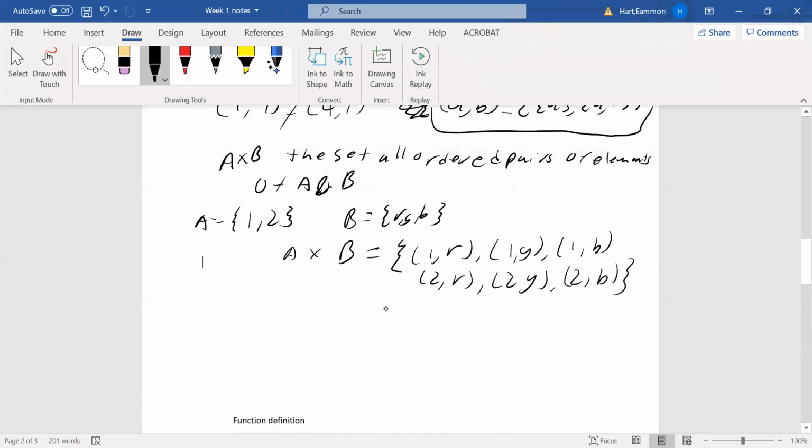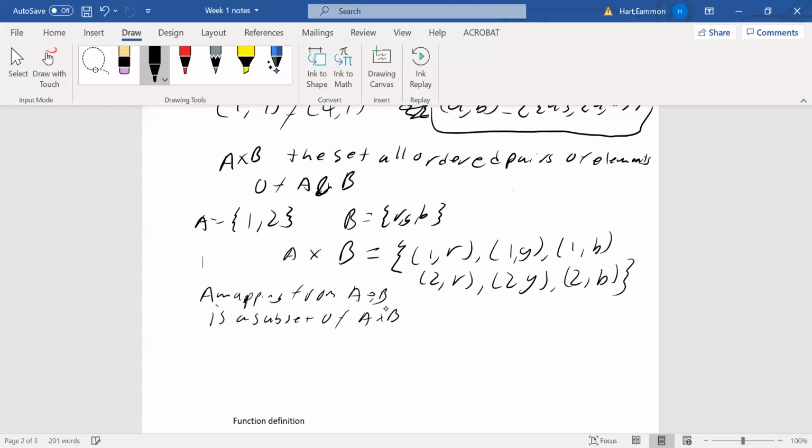So if I want to define a mapping generally, it's basically just going to be a subset. A mapping is a subset of A cross B. So we might say we want the subset that's defined by these three guys.